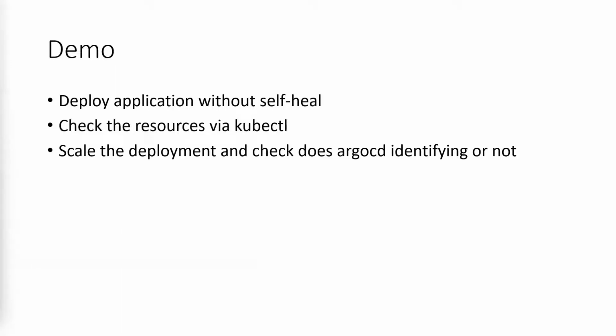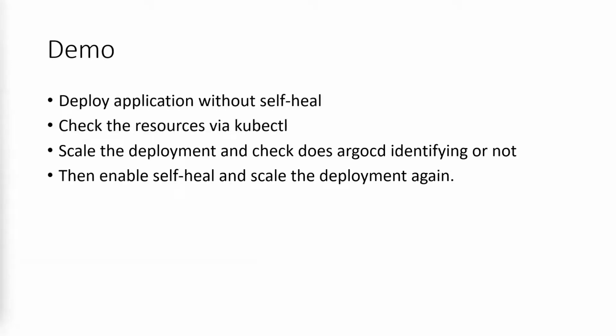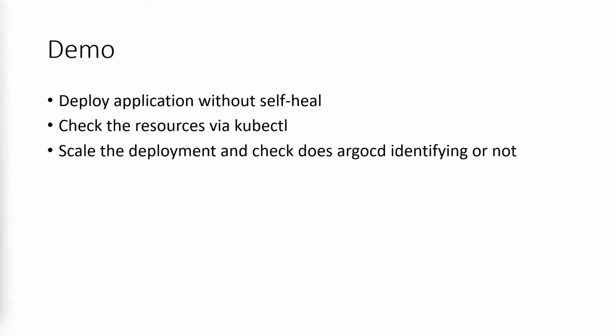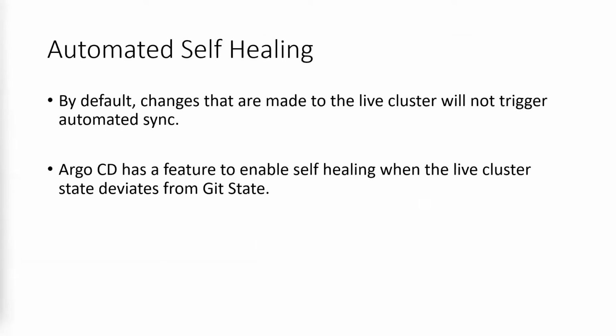Okay, so let's demonstrate both. Let's deploy an application without self-heal, make some changes and scale the deployment and see, and then enable self-heal and see what happens quickly. Same way with auto pruning.